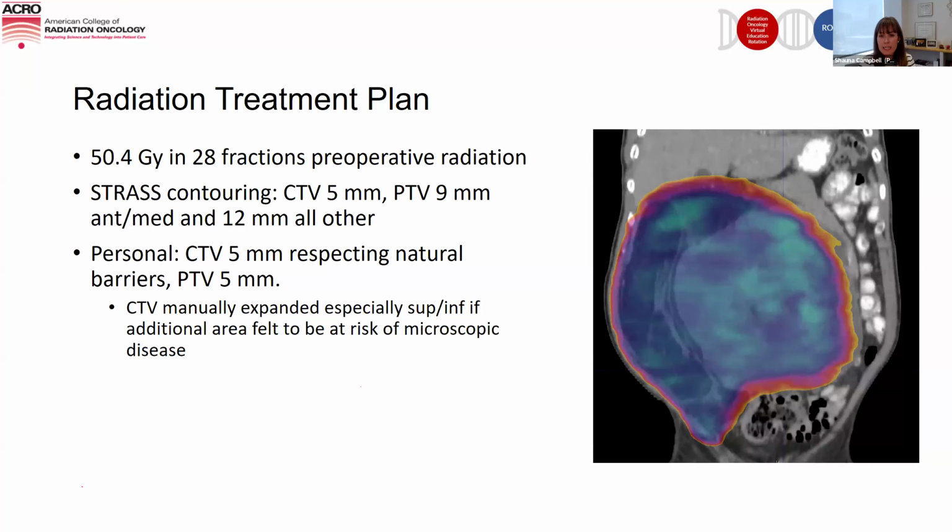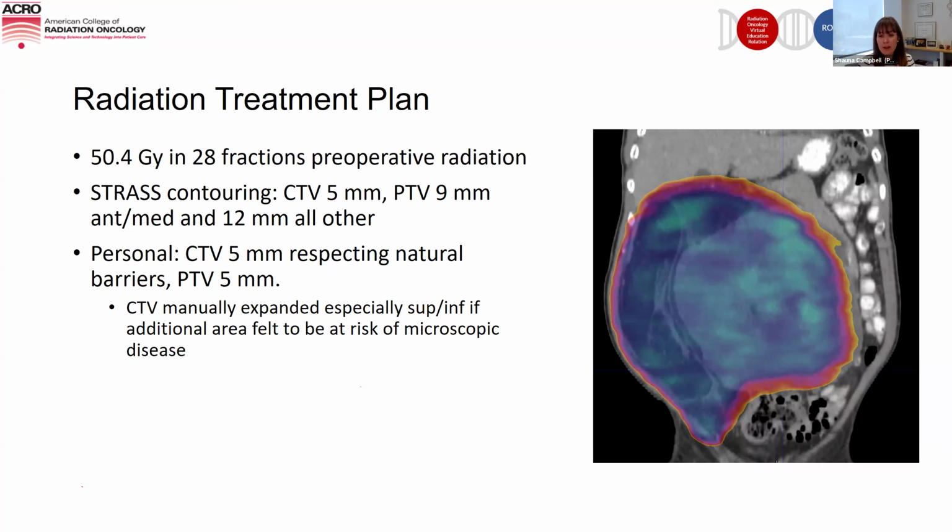Just to go back to the case that we talked about, this was a patient that I actually treated with preoperative radiation. I did 50.4 Gray in 25 fractions. The STRASS contouring is going to be your GTV. With retroperitoneal sarcomas, you want to be cognizant of the solid component, which is really easy to see, but there's also a lot of fatty stranding and haziness that usually correlates with liposarcoma.